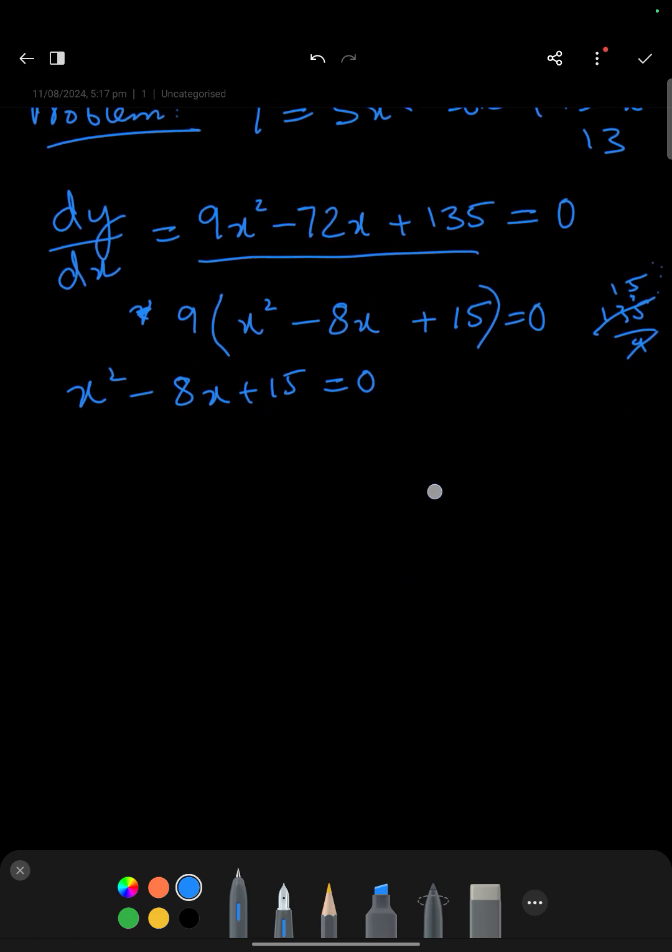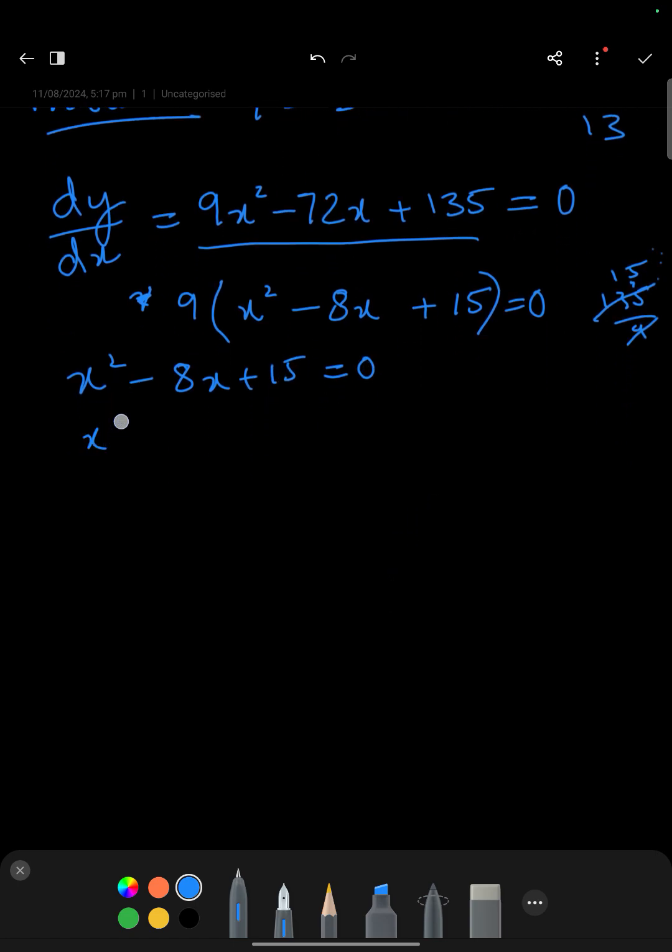Now using the algebra rules, we divide the 8x as 3x plus 5x, because when we add these it will be 8, and when we multiply these it will be 15x square. So both these terms we divide: x square minus 3x minus 5x plus 15 is equal to 0.